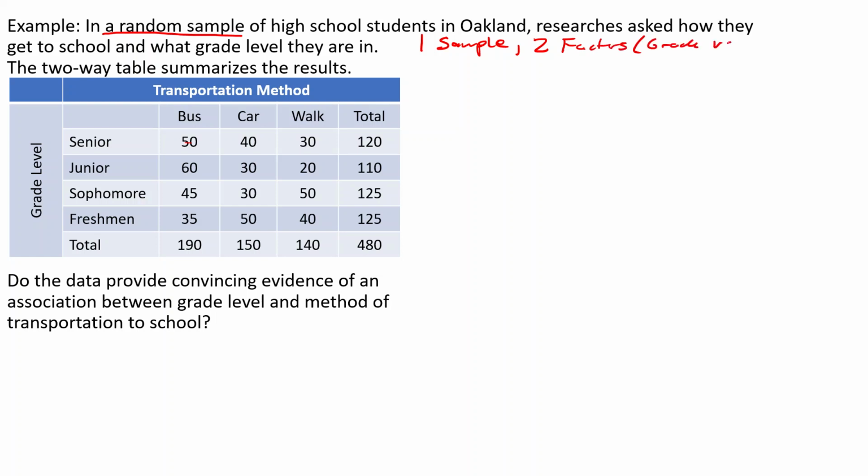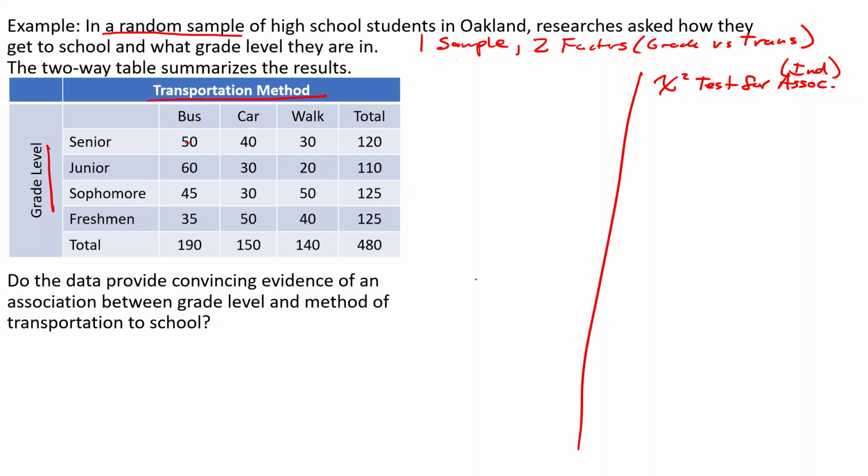Grade versus transportation. Since it's one sample and two factors, that means this is the chi-squared test for association or independence. We want to see if grade level and transportation method are related to each other some way.